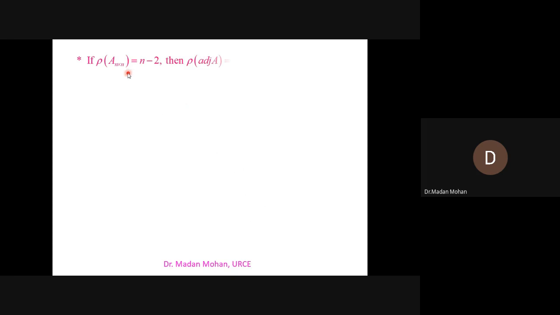Suppose the rank of A is n minus 2. N minus 1 I will explain later, please. Rank of A is n minus 2 or fewer, of course. I have taken n minus 2. Then rank of adjoint A, what is the answer, please? I have already given as a formula. 0, very good. Why is it 0? Let me explain. Once you know the concept, you never forget. Suppose I have taken a general matrix.